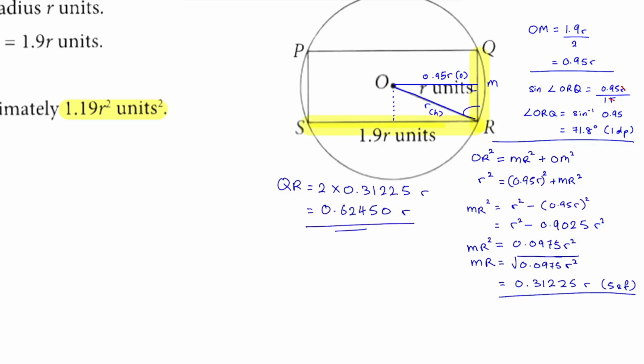Then I will take QR multiplied by SR. Let me label first.